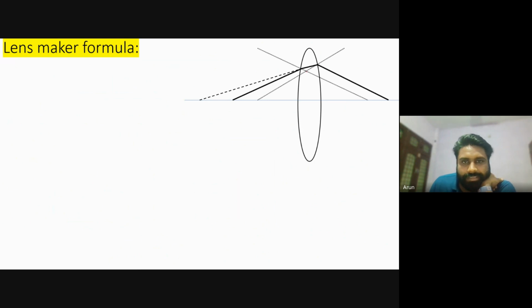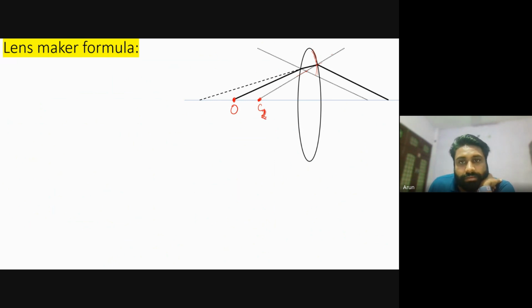So this is our lens maker formula. We have to derive it. Here, this is the center of curvature of this surface. This is a normal and it passes through the center of curvature. So this is, I must say, C1. Or let's say this surface is the second surface, so it is C2.